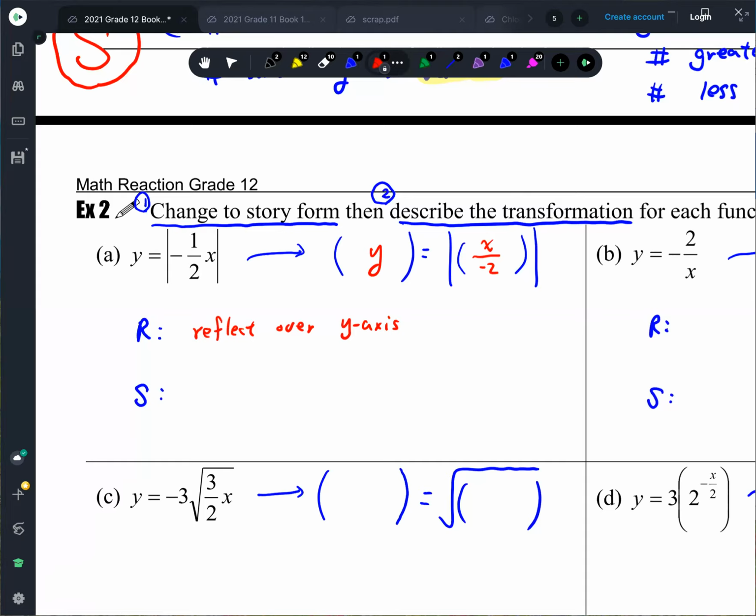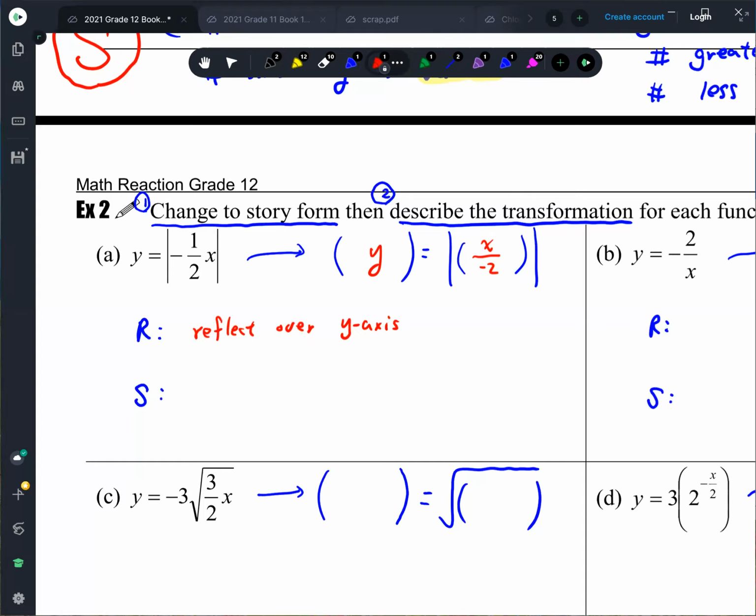Is it with the x or with the y? With the x. Okay, so negative with x, what happens? Reflect over the y-axis. Yeah, so the reflection has nothing to do with the 2. You have to just look at the negative sign and where it is.